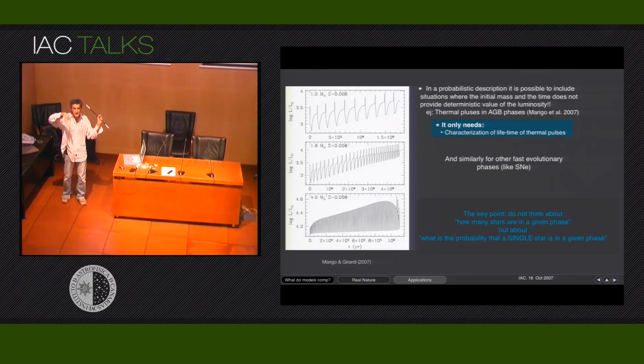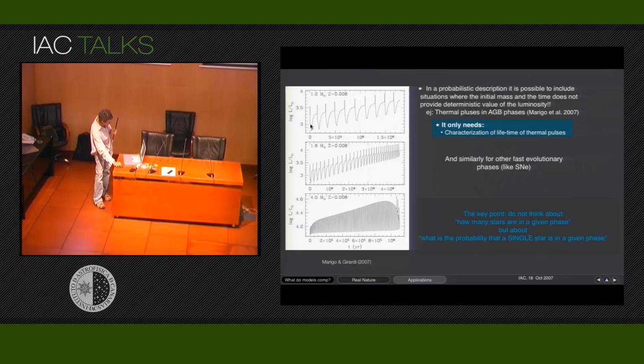But if your star is variable, actually you don't have one single luminosity. You might have several luminosities, a distribution of luminosities, and a distribution of effective temperatures, etc. This is, for example, the case of thermal pulses. These are different kinds of thermal pulses. They are very, very quick, okay? So if I want to follow these thermal pulses, I must make a model with this time resolution that is crazy.